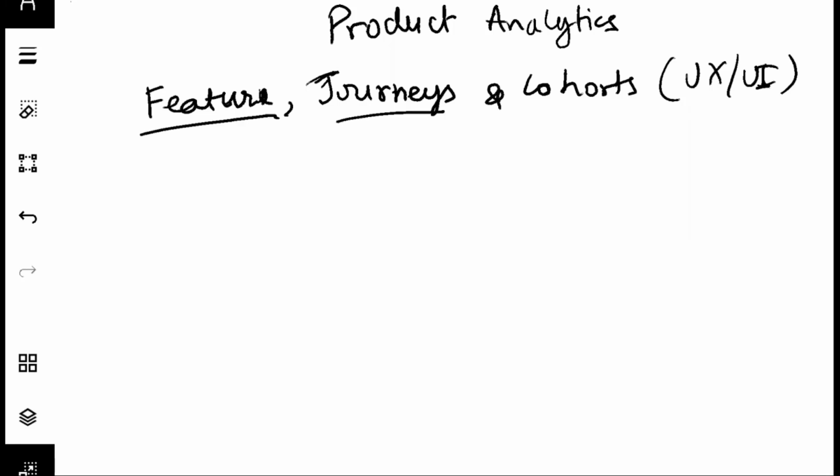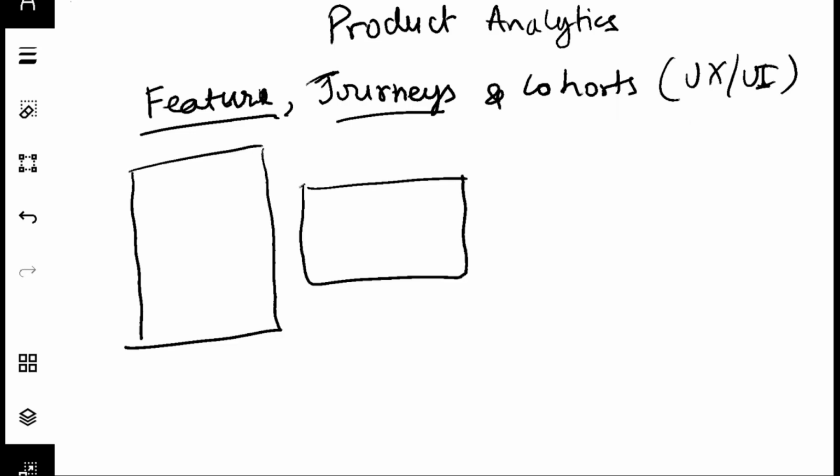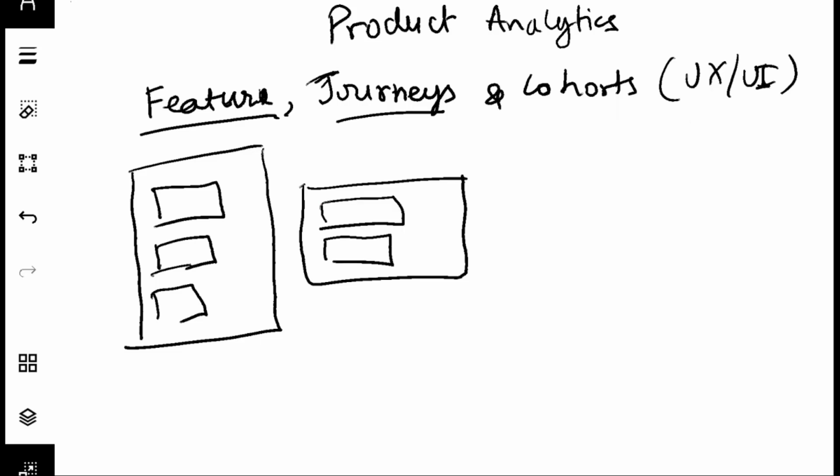In the context of our example, where it was a website, whether it was a mobile app or on a browser where you go in and do your hotel bookings and your accommodation booking. So this is the app and this is the website. This is where you start looking at whether your features are working well or not.